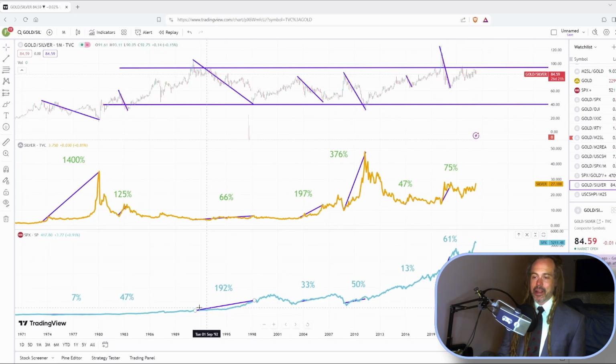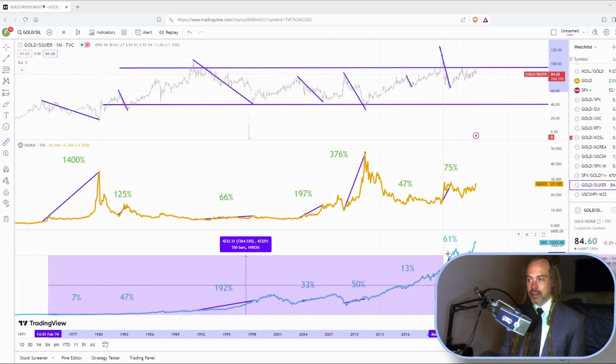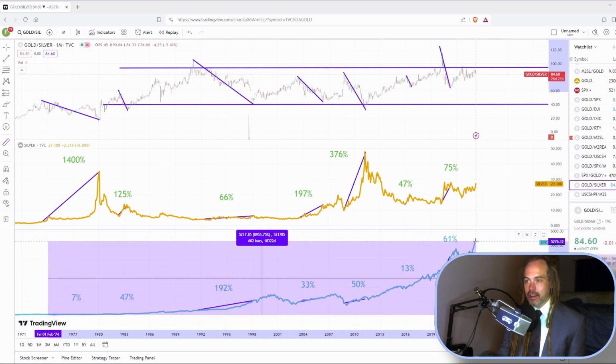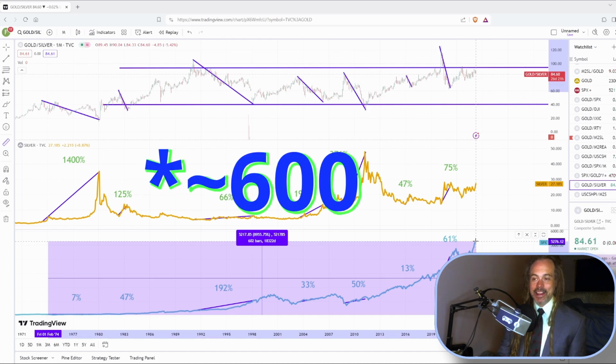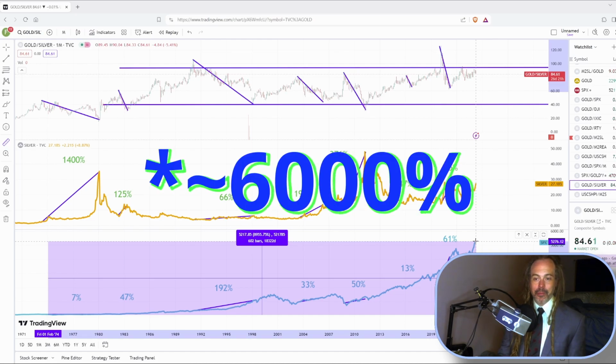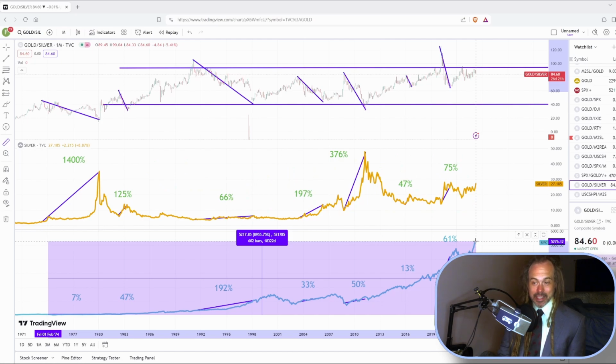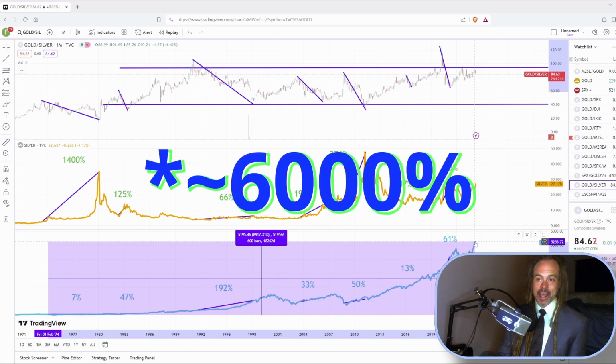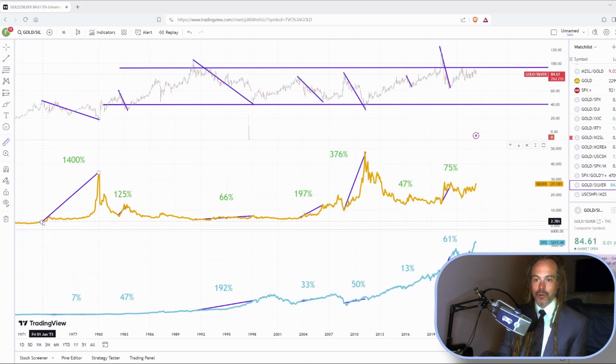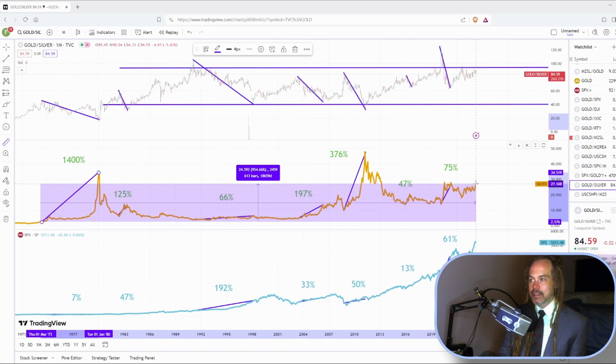Now this is not comparing the S&P 500 the whole time, because clearly if you sit in one of these, you go all the way back to here and up to there, you're looking at nearly a 9,000% gain. If you put money into the S&P 500 in the mid 70s, you would have had a nearly 9,000% gain, whereas with silver we're looking at a 900% gain.